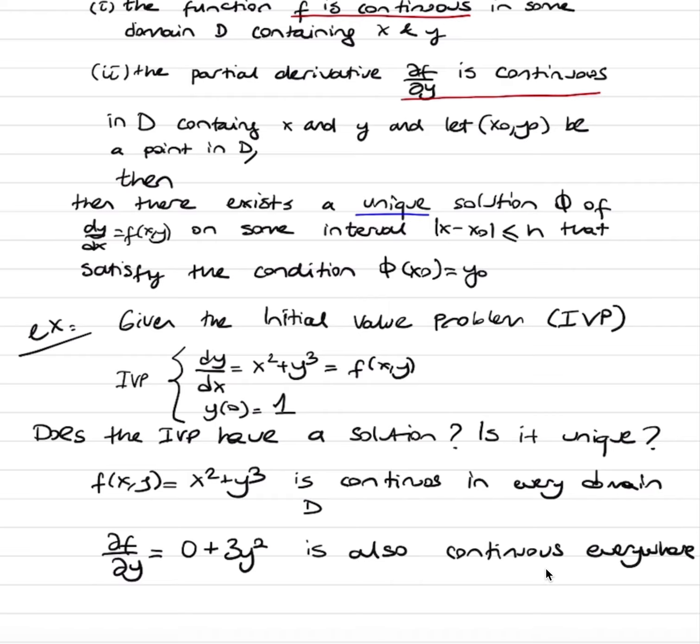It is a polynomial, continuous everywhere. So we need to check this point x0 and y0. What is it in this case? It is given that y0 is equal to 1. So we have this pair x0, y0 is equal to 0 and 1.